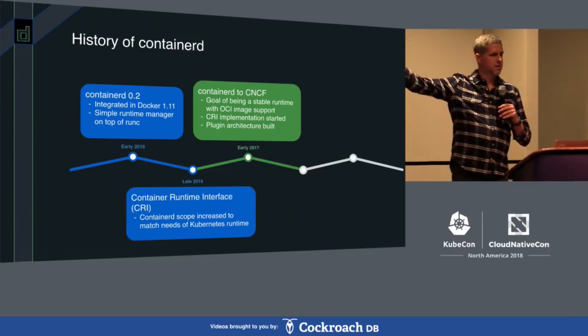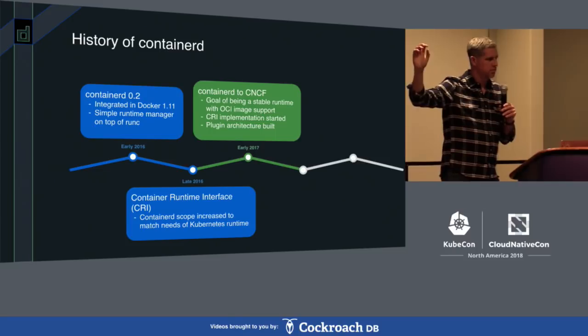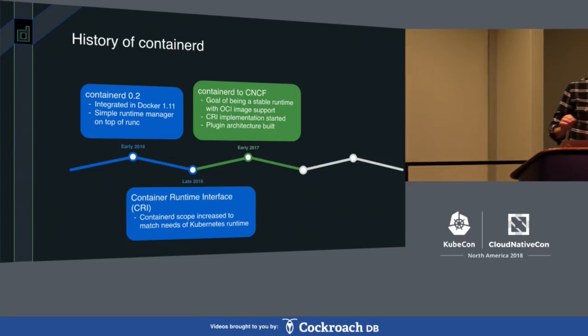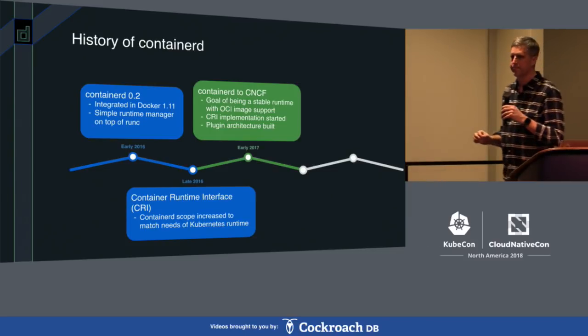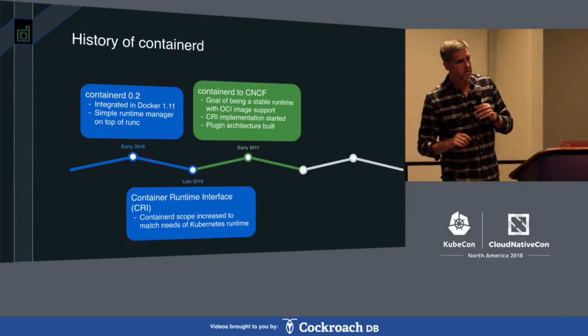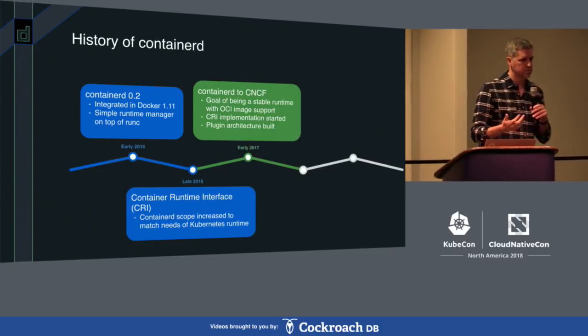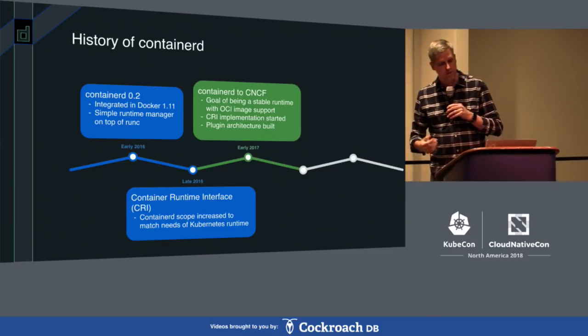Who came here and has never heard of Containerd? All right, just a very few hands. So Containerd started life in 2016, just after the OCI had been formed in 2015. runC was the default implementation.